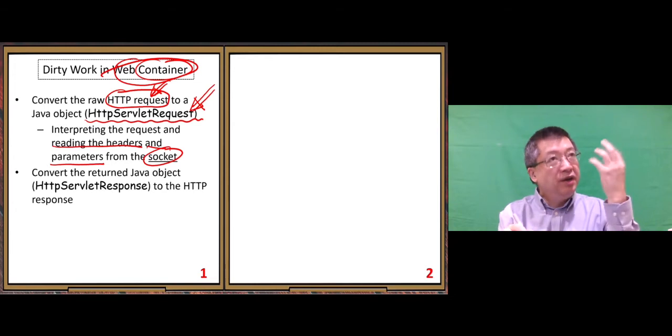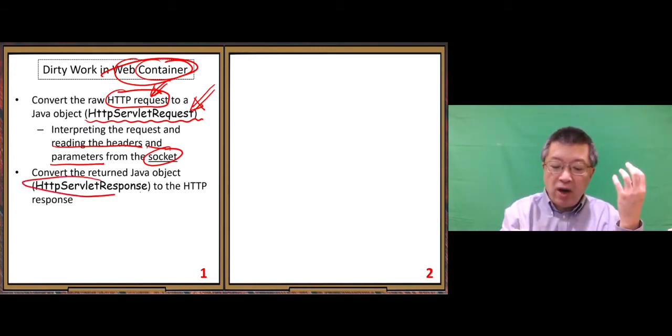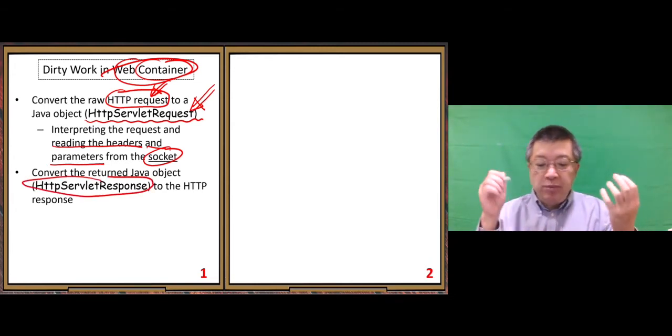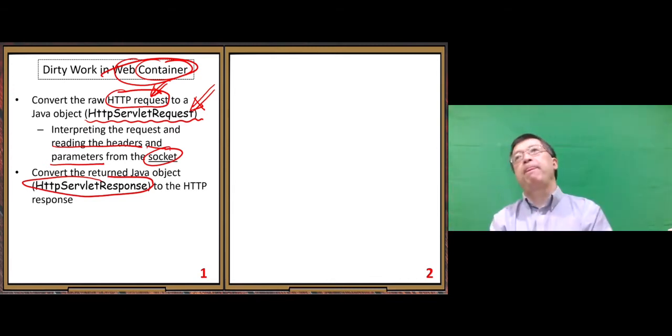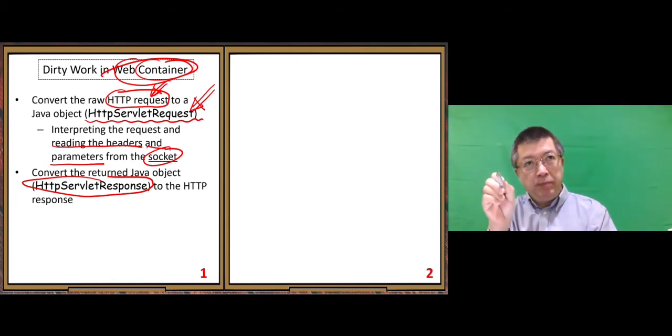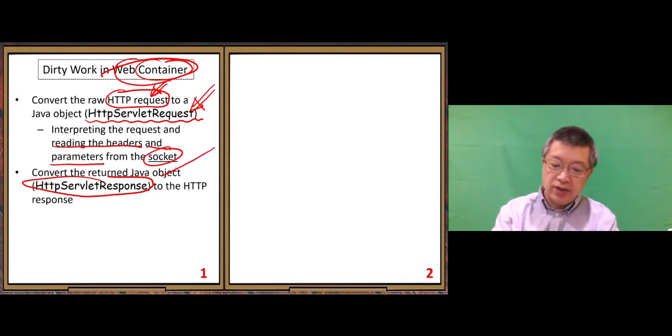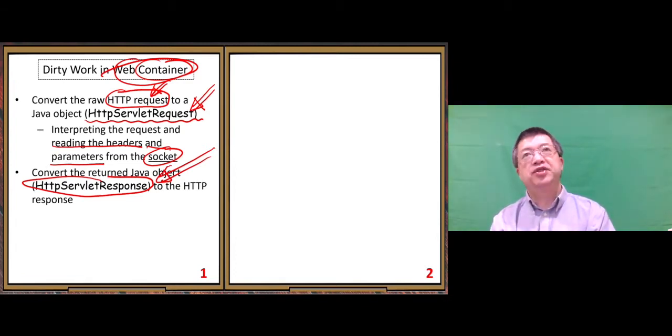The returned Java object is in the form of an HTTP servlet response. When you write your data back to the HTTP response object, you write it directly inside your servlets.